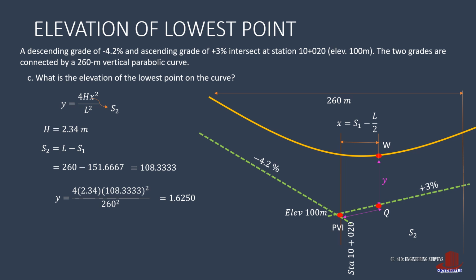Y is computed as 1.625. With y already known, we then determine the elevation from Q, which is 100.65 meters. Add y of 1.625 to have the elevation of point W as 102.275 meters.